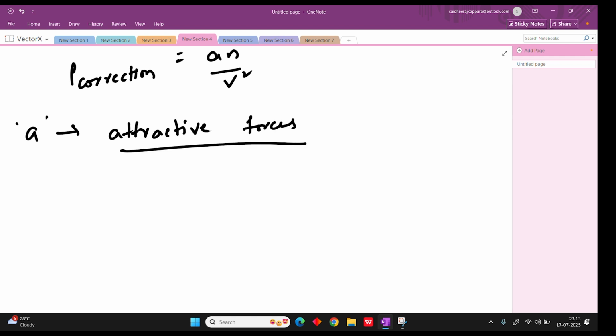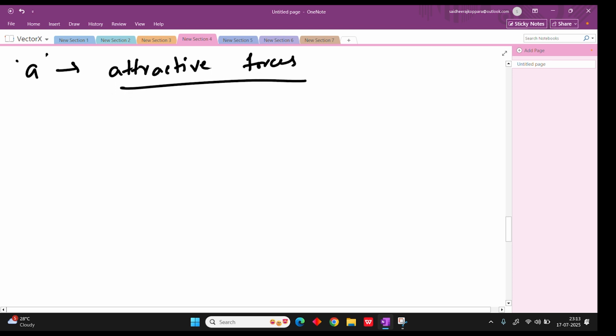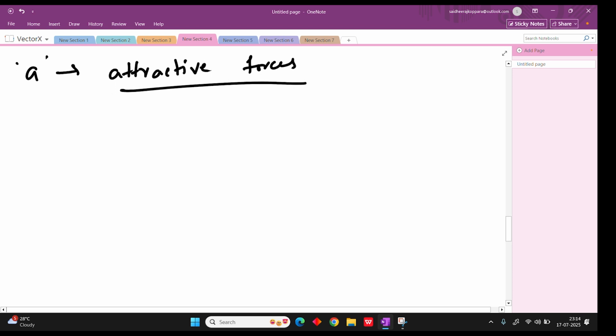A says about your attractive forces, and if your attractive forces dominate, then A will dominate. So what does that become? It becomes P plus A n square by V square. This is the P dash, and next your volume correction.